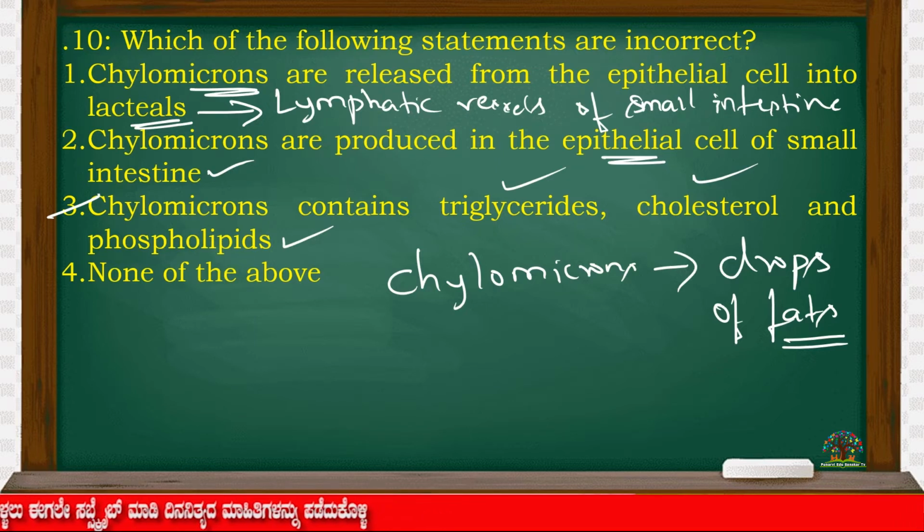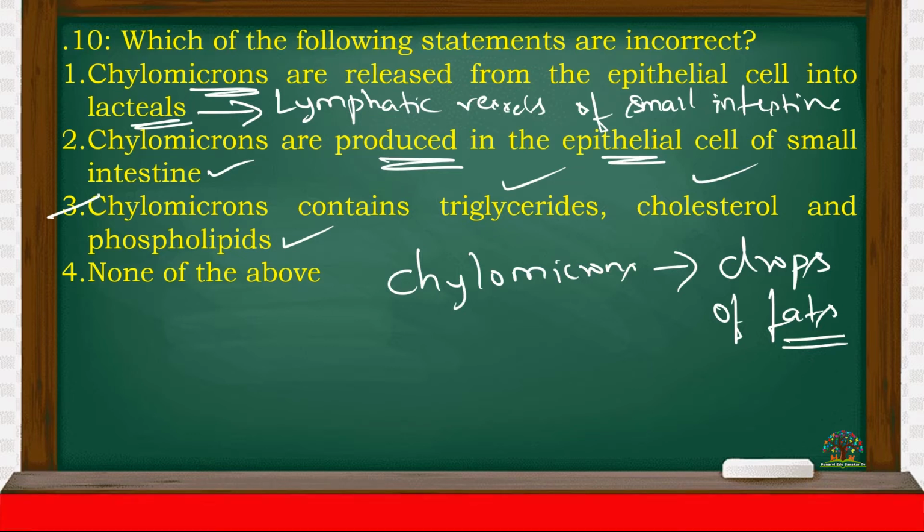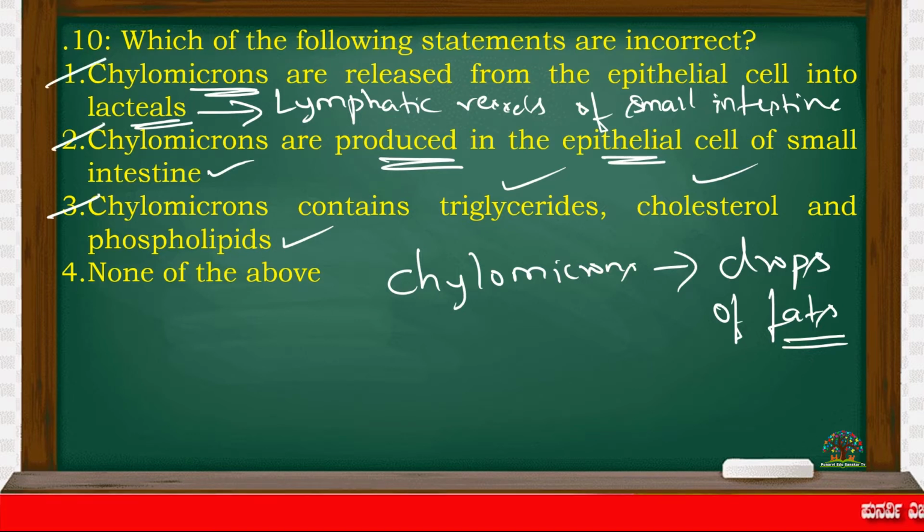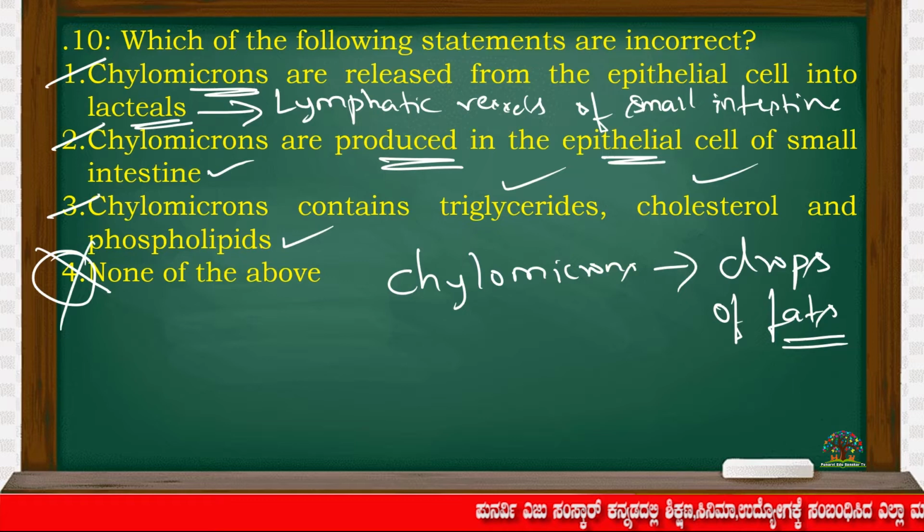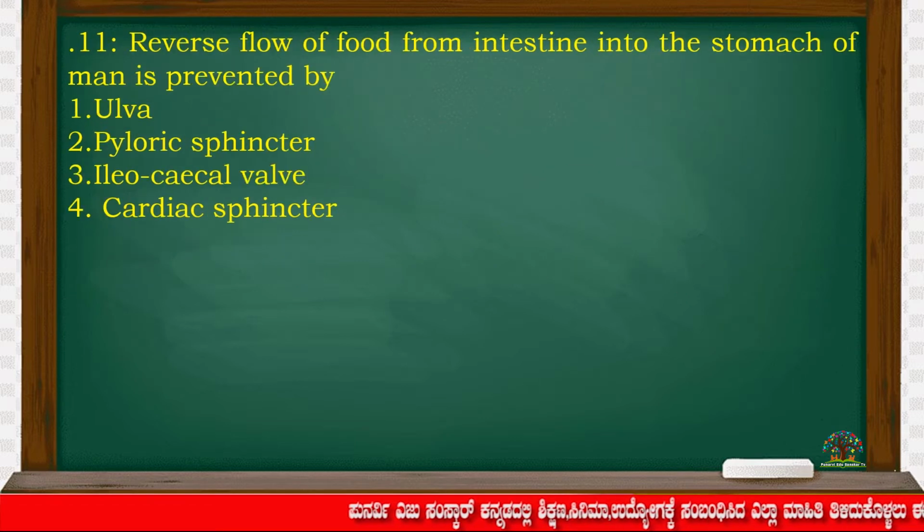Obviously, small intestine is the region which is producing the chylomicrons, and they are released into the lymphatic vessels or the lymphatic system of the body. So option number 1, option number 2, option number 3, all are correct, and option number 4, which says none of the above, is the wrong answer for this question.